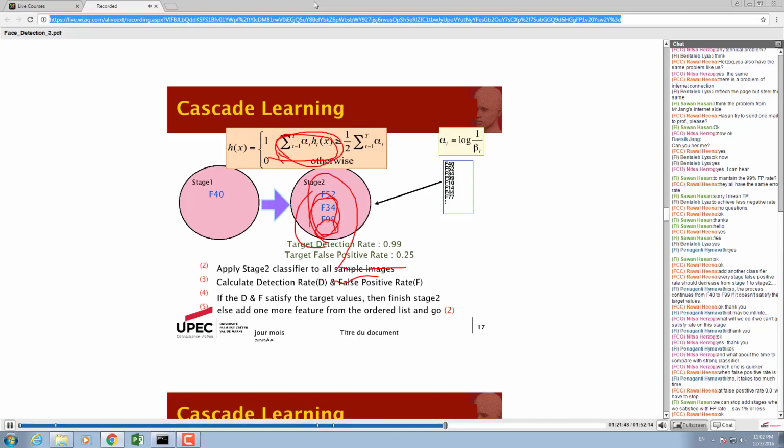So they're all the same, so it's not so important. But every stage should have its own target false positive rate, and the whole cascade also should have its final target false positive rate, a very small number, 0.001 kind of stuff.